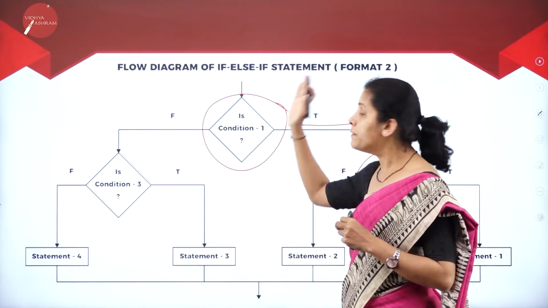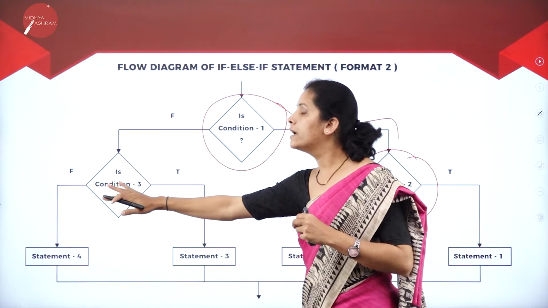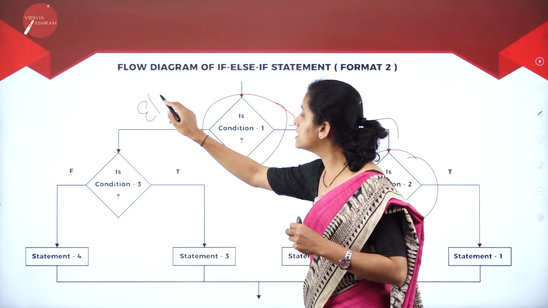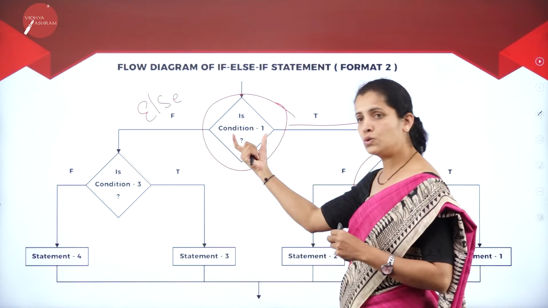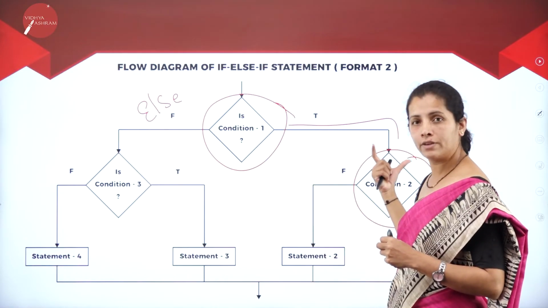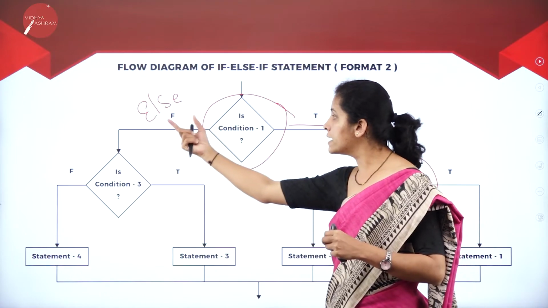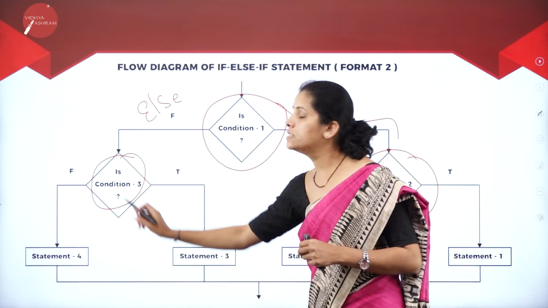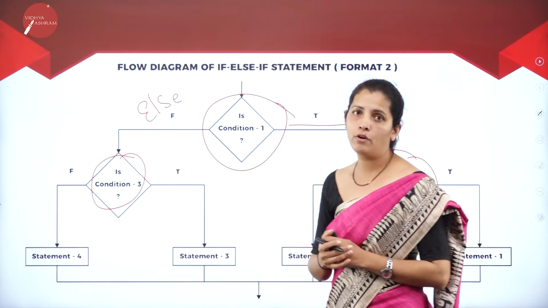If my first condition is false, once again I'm going to have the if condition, where I'm going to write this if condition in my else part. Okay, if this condition is true, once again I'm going to have the if condition. If the main condition is false, once again I'm going to have the if condition. Okay, here also I'm going to have two possibilities, true and false.